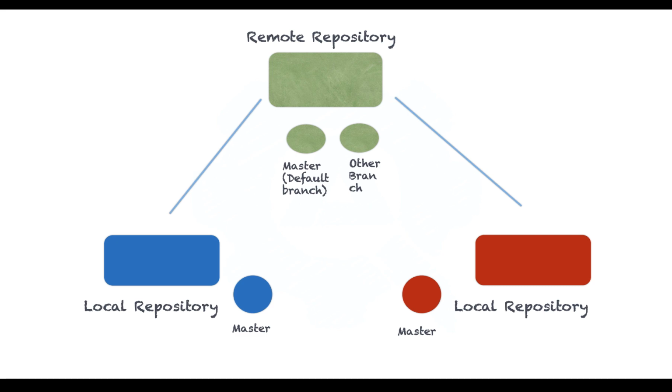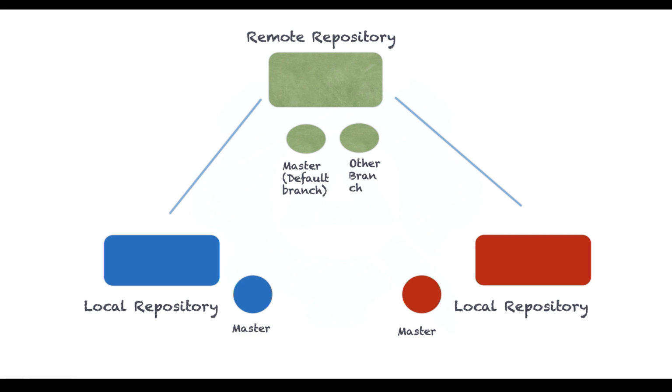But when you clone the repository to a local repository, in this case, let's say I am at this blue section, cloning a repository from a remote server using GitHub, all the branches are not mapped by default to my local repository. This is the current behavior in case of a remote branch.